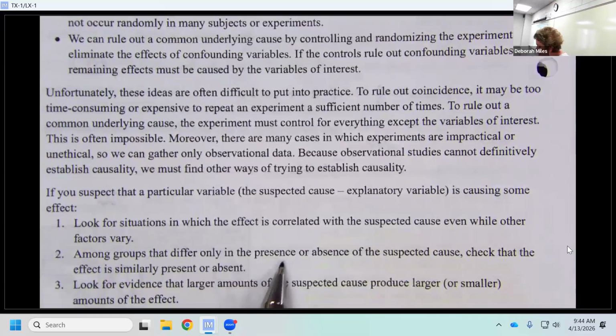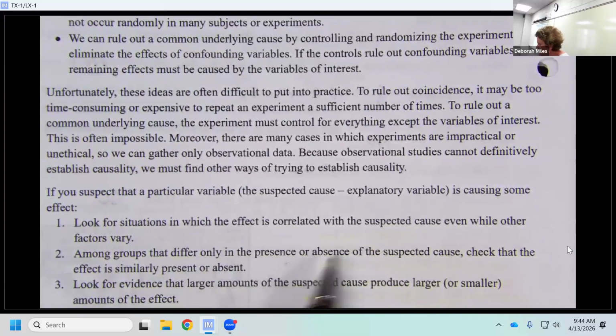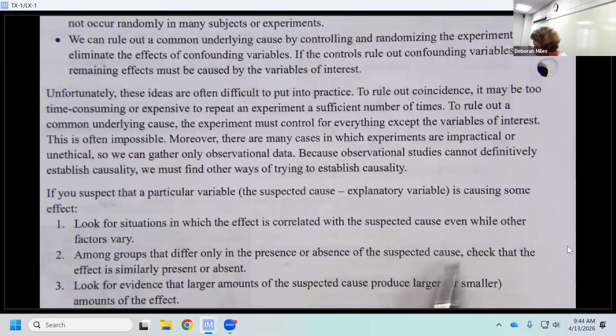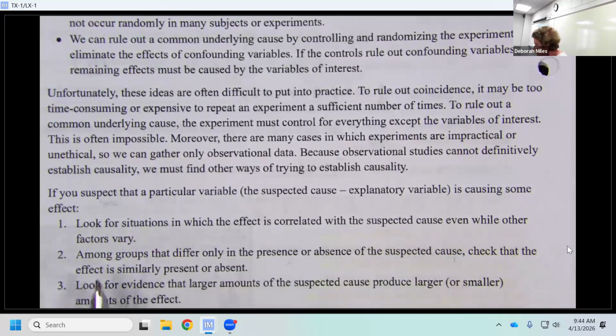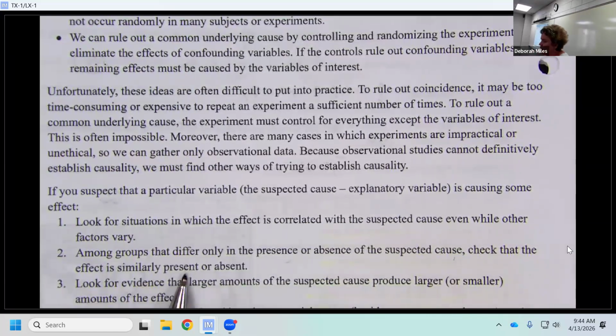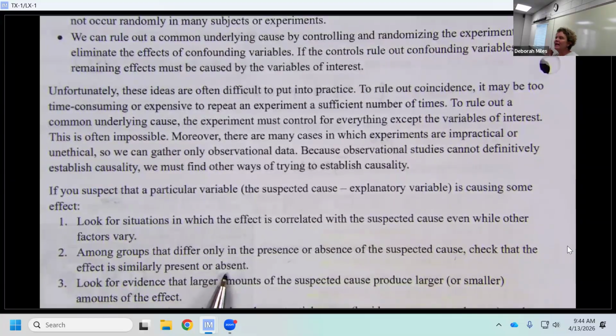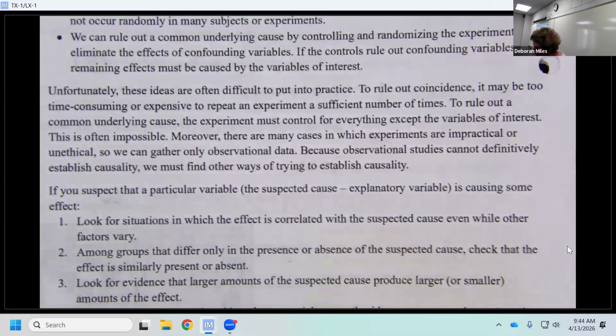Among groups that differ in only the presence or absence of the suspected cause, check that the effect is similarly present or absent. Narrow down, eliminate as many confounding variables as you can, and see if the results are the same without those confounding variables.